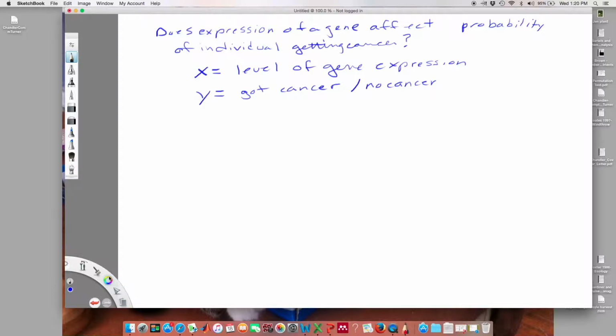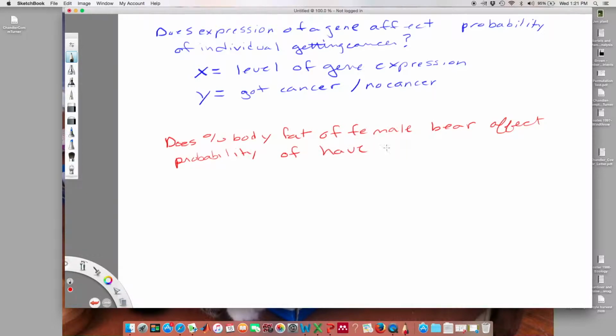All right, another example of a really interesting question would be, does percent body fat of hibernating female bear affect probability of having one cub or two cubs?